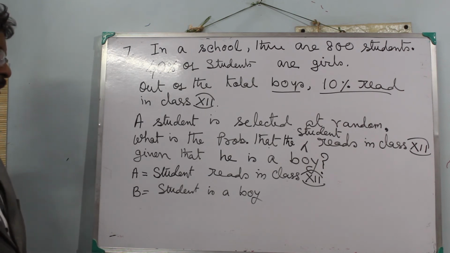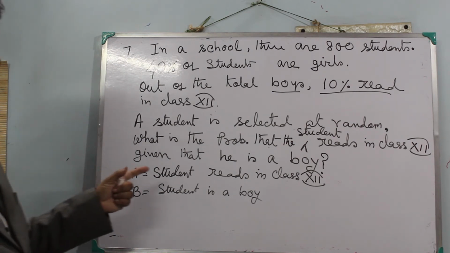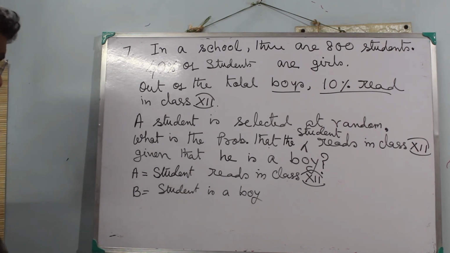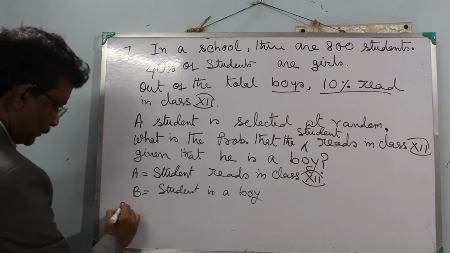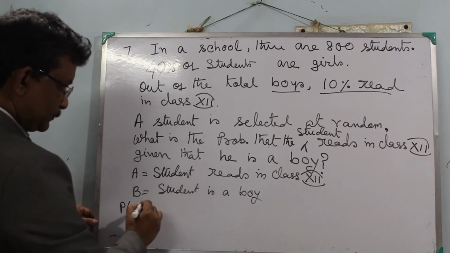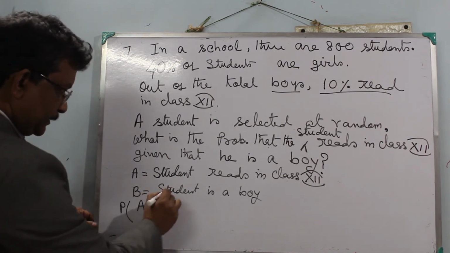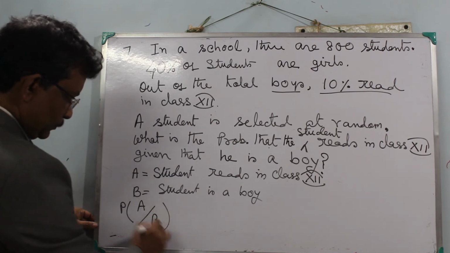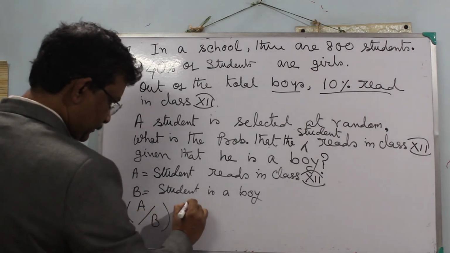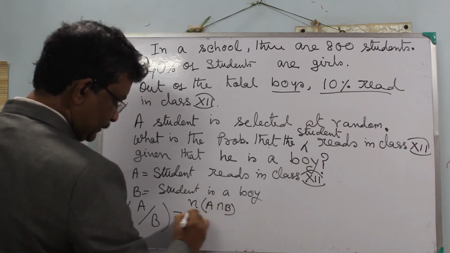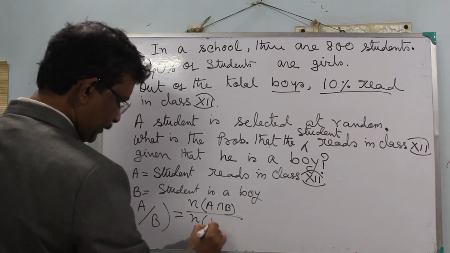A student is selected at random, and what is the probability that he reads in class 12, given that he is a boy? So we have to calculate the probability of A given that the student is a boy. So this I can calculate as number of elements of A intersection B by n of B.